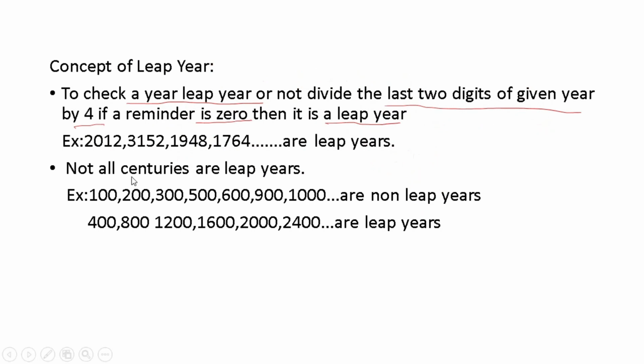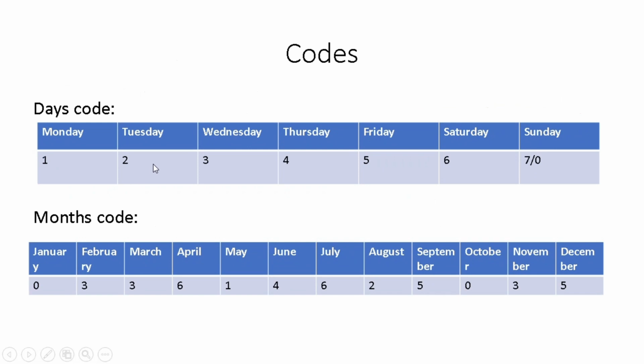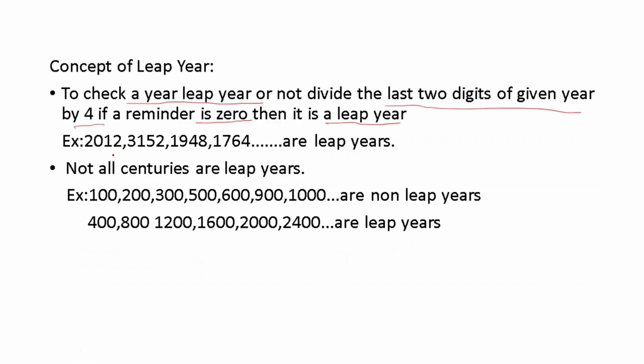We should also note that not all centuries are leap years. Every century ending with a double zero is divisible by 4, but we should not consider all of them as leap years.